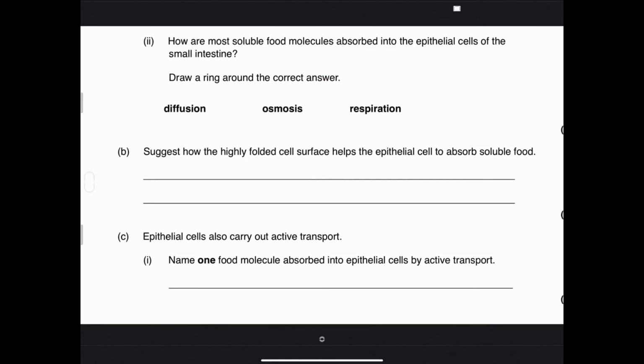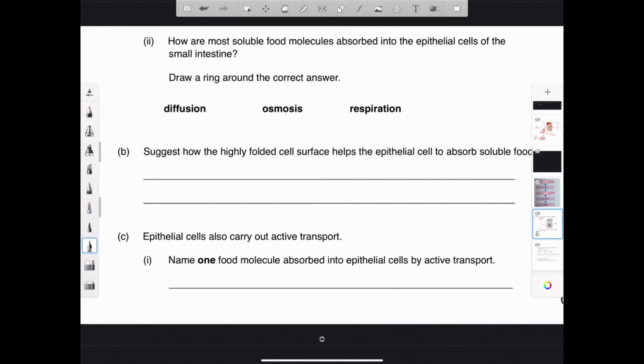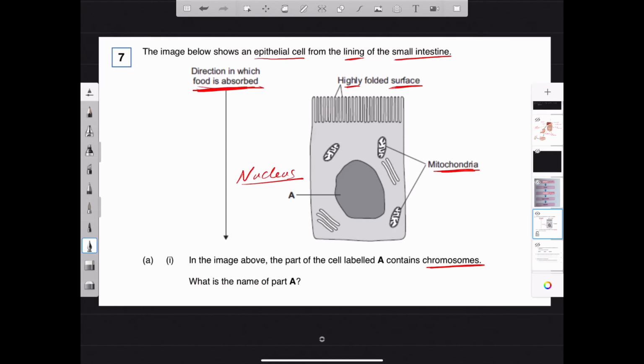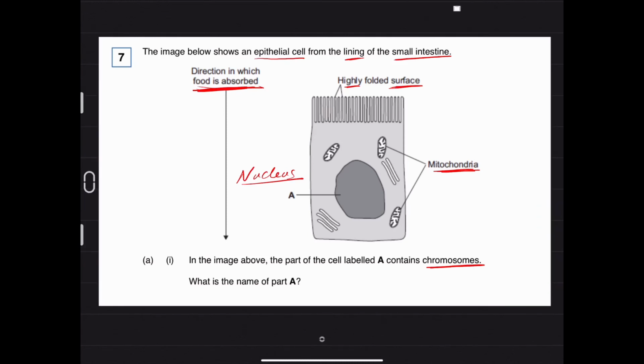All right, okay, so if we go back to the diagram, we can see that the direction in which food is absorbed is in this downward motion here. So we are going to have a higher concentration of food molecules or nutrients here.